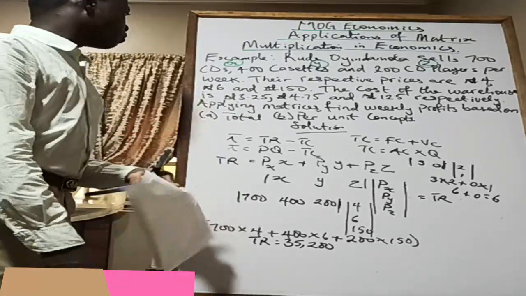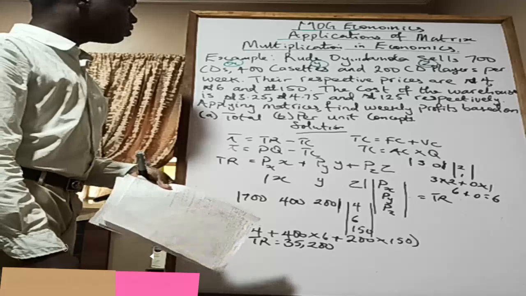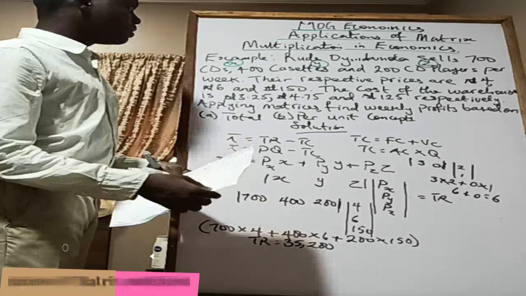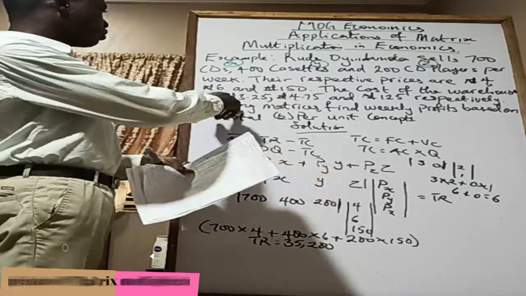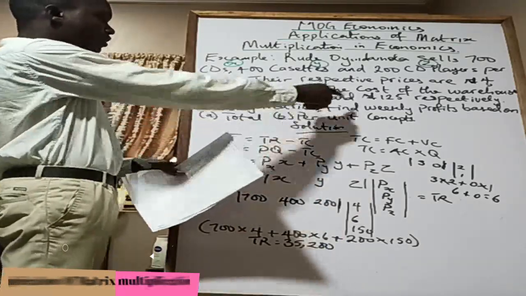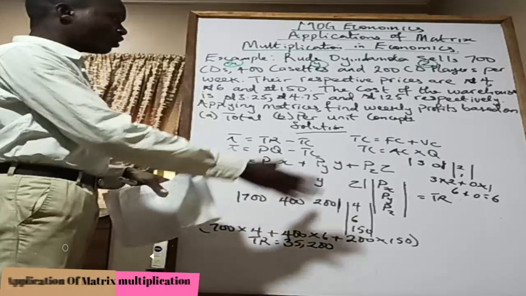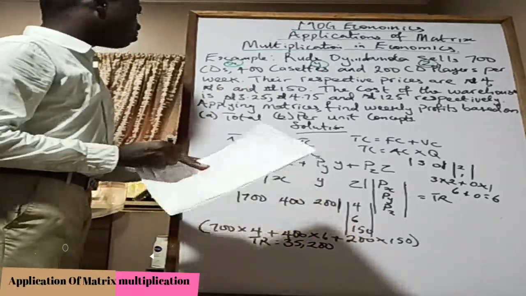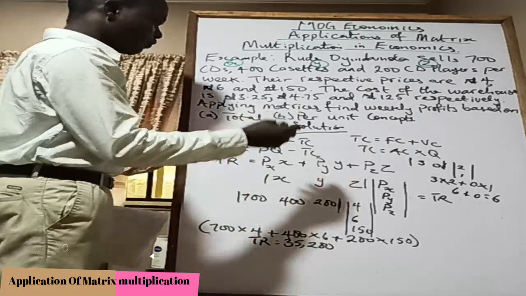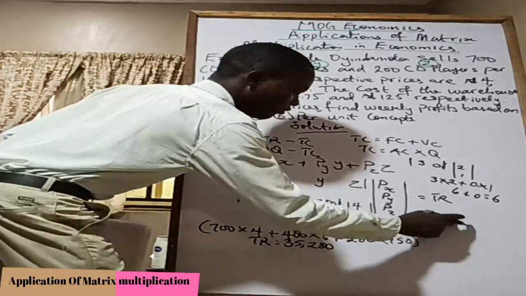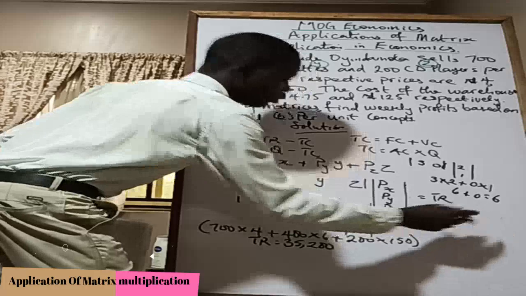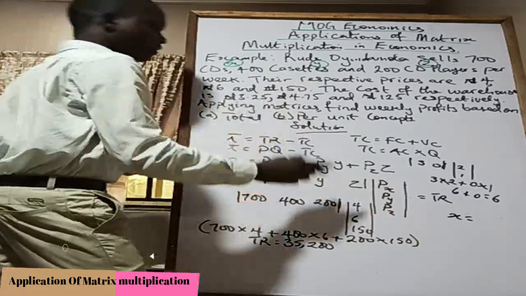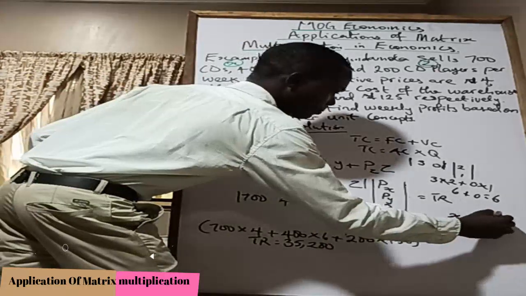Basically, we'll just do the TC now. We have the cost, so we have 3.25, 4.75. The same way we solve for TR, we're going to solve for TC. So let me write the TC stuff out. For X, the average cost, this cost per unit, is 3.25.